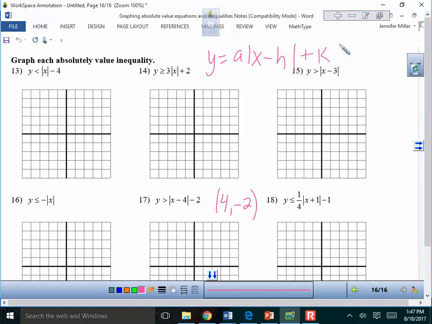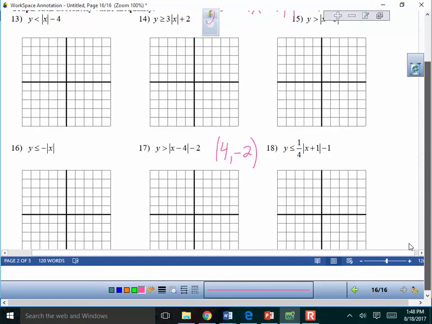So we're taking the opposite of the h, but the k stays the same. Do you see that? Are you sure? The one that's on the outside stays the same. Okay? So we'll go to, wait, which one are we doing? 17. Oh, yeah. So we go to the right 4, and down 2.